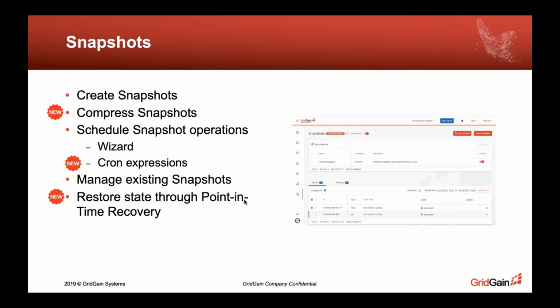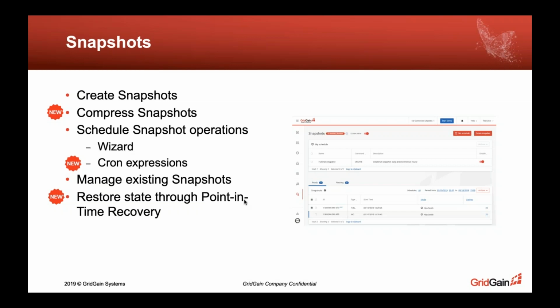So through the Web Console snapshots view, we can create snapshots, we can schedule snapshots, we can manage our snapshots, and then we can restore our grid to one of those snapshots that we had recorded.